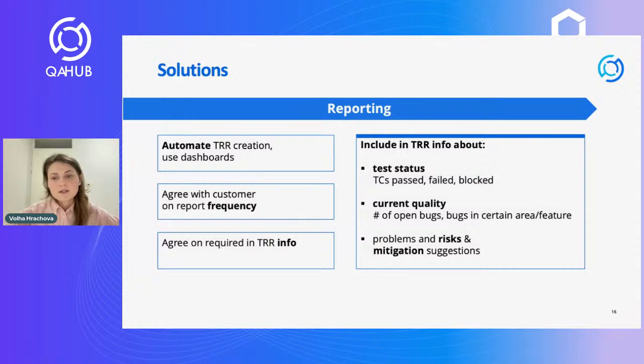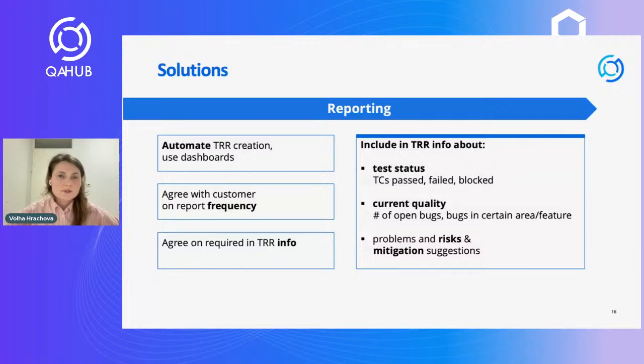First, consider automating the creation of test result reports. Sometimes we have tools which are able to create dashboards, and some information, for example during regression testing, can just be shown on these dashboards. It will be up to date on a daily basis, and it costs us nothing to create such a report.